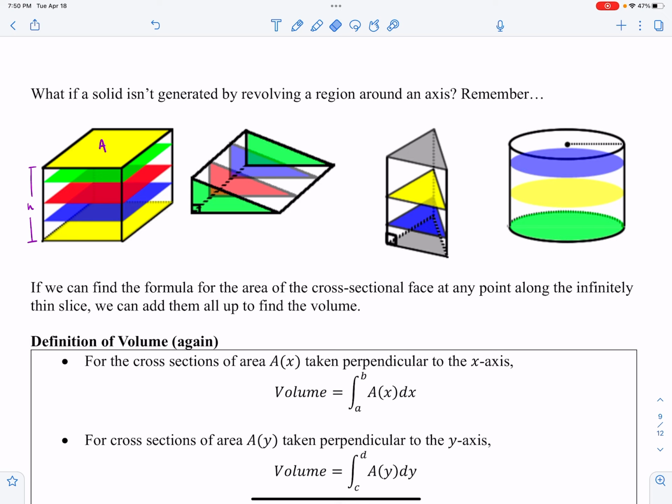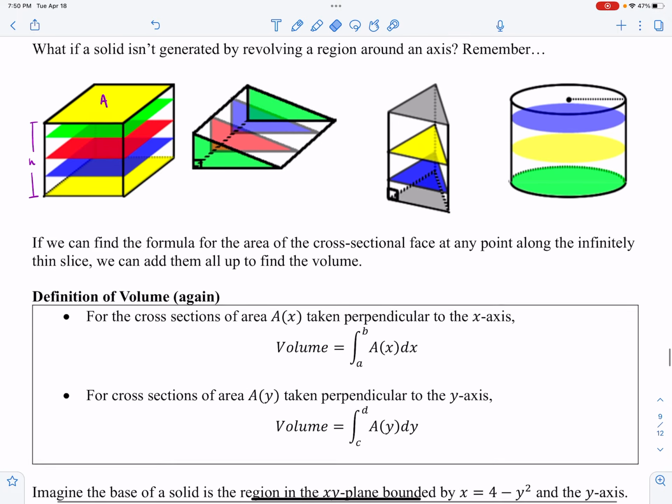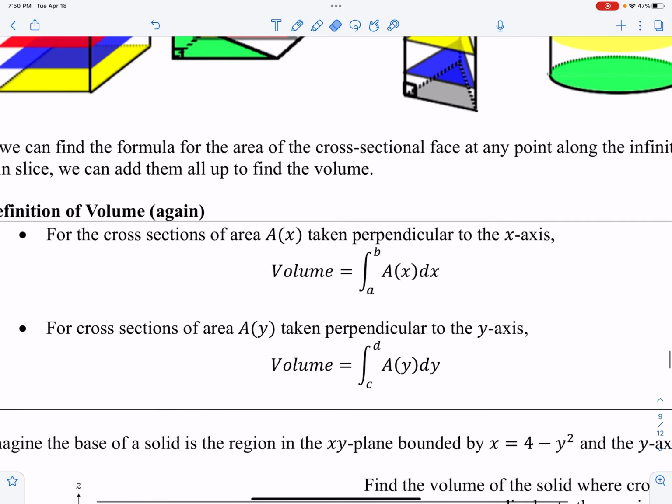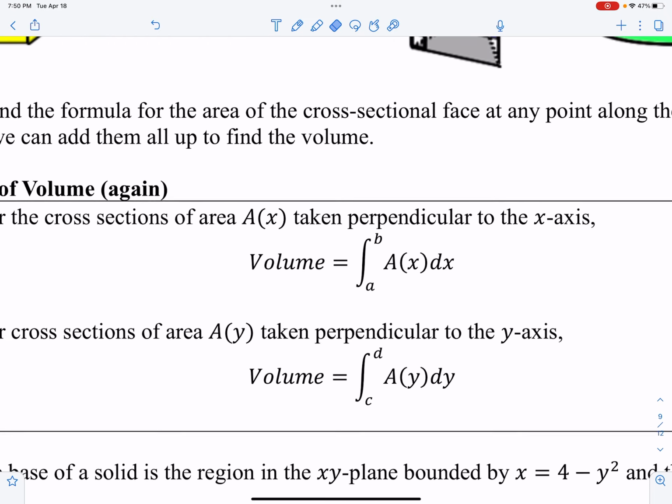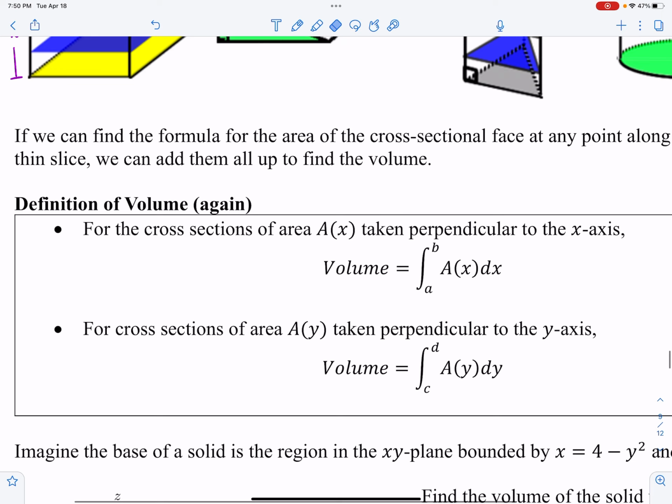And then integrating with respect to x or y, depending on whether we were thinking about taking vertical slices for cross sections or horizontal slices for cross sections. That is the same idea. So I'm revisiting our volume definition, and disk method and washer method are really just specific cases of this definition of volume, right?